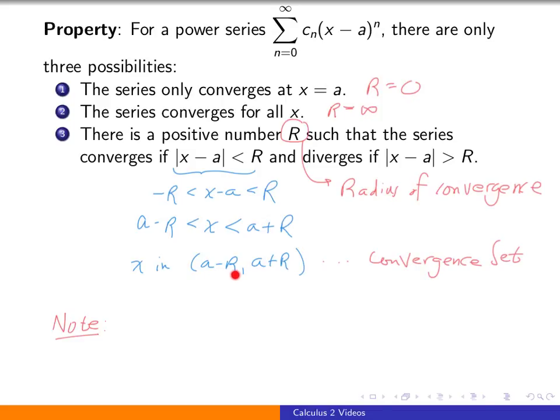We need to check the endpoints a minus r and a plus r. So we always need to check the endpoints. And we will check the endpoints individually by plugging those specific x values back into the power series and then going back to our previous convergence test to determine whether that given series converges or diverges. So let's explore a few such examples.